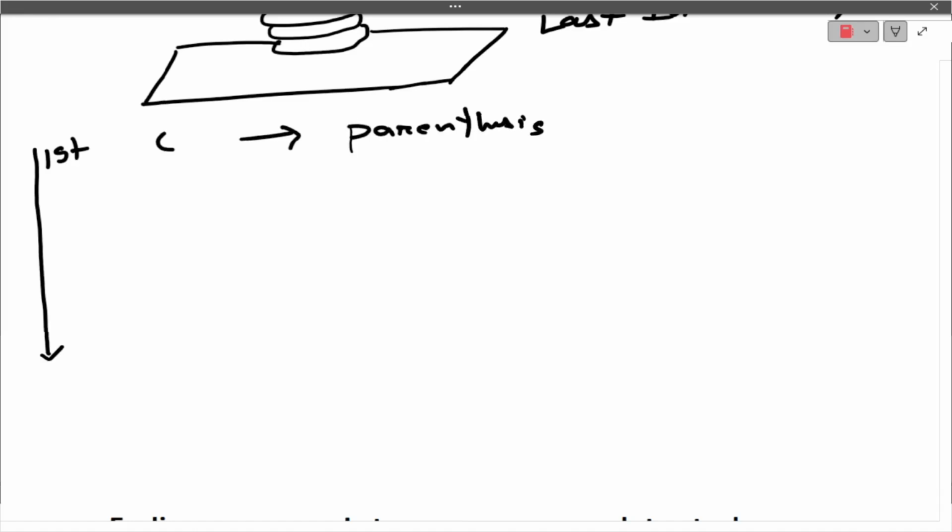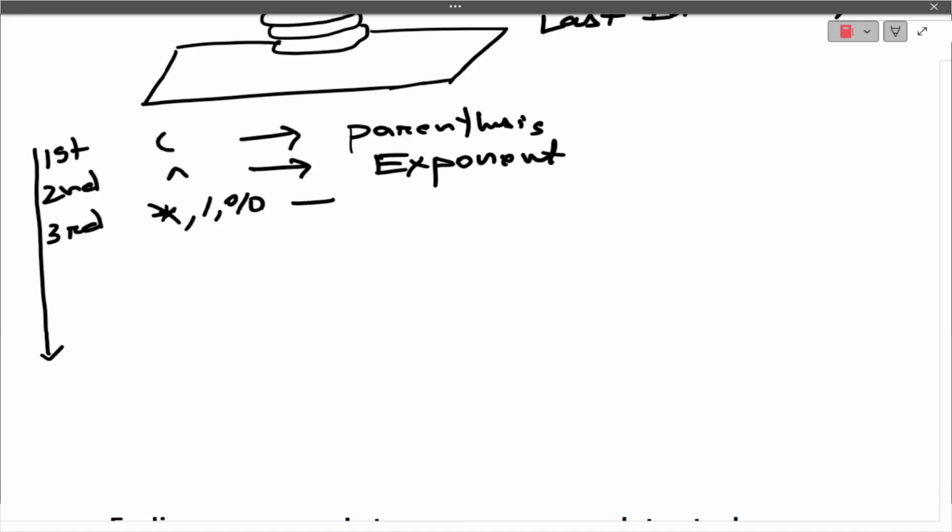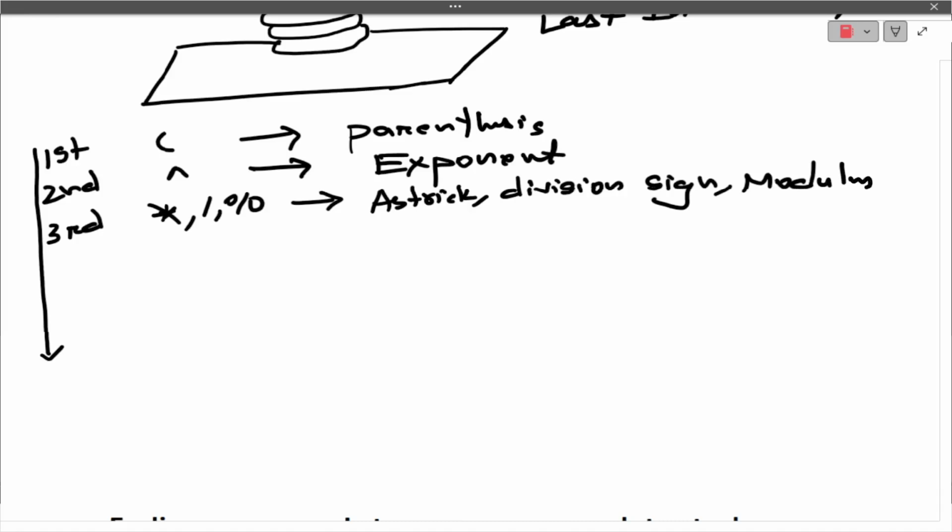The second priority is the exponent symbol. Third priority is multiplication and division, the asterisk, the division sign, and modulus. Fourth priority is plus and minus, which are addition and subtraction.